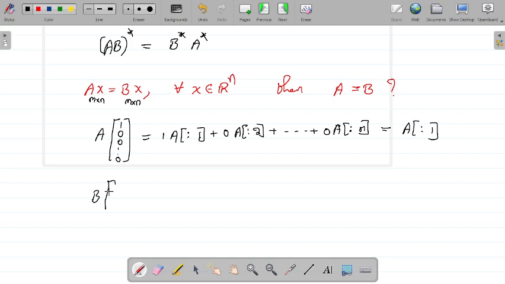Next I'm going to interchange 1 and 2 and 3 and 1 as well, so 2, 3, 1. And what else? 3, 1, 2. Okay, so these are the 6 arrangements.